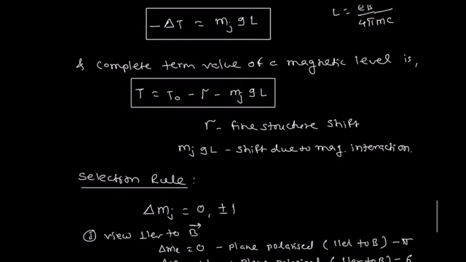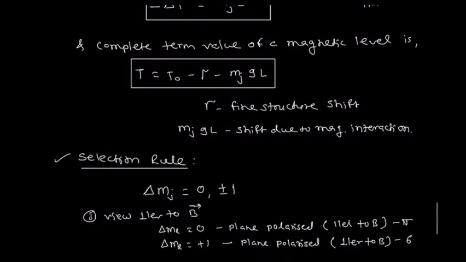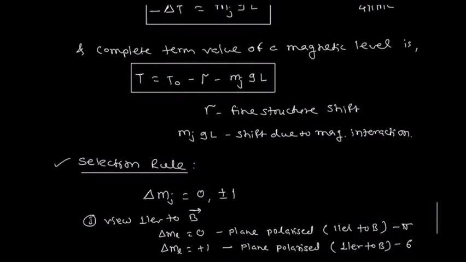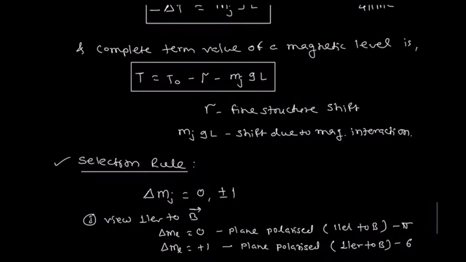Now, if we know the complete term value and we show how the single level is splitted into multiple sub-levels, then it is necessary to know what is the selection rule. That selection rule depends on the magnetic total quantum number mj.